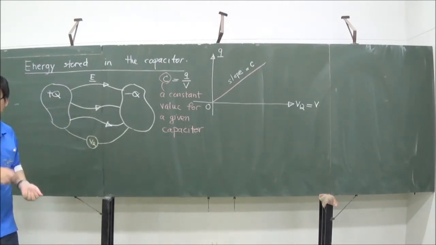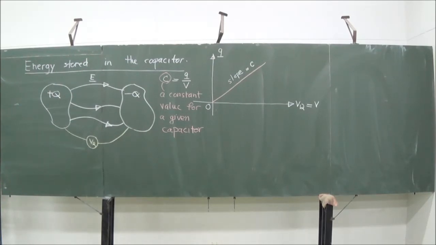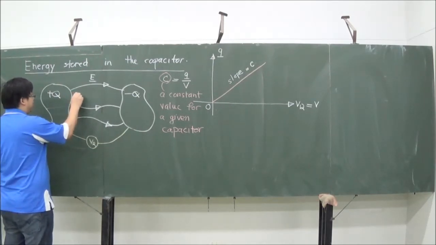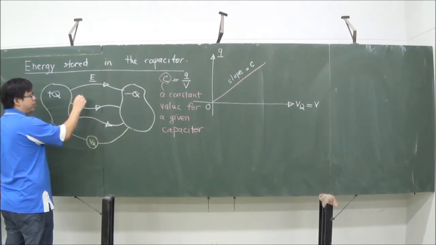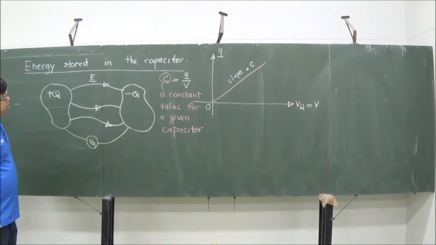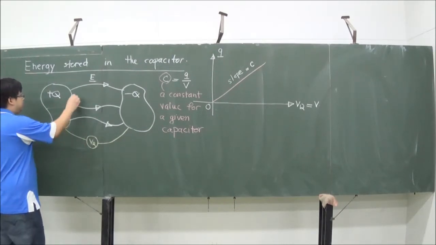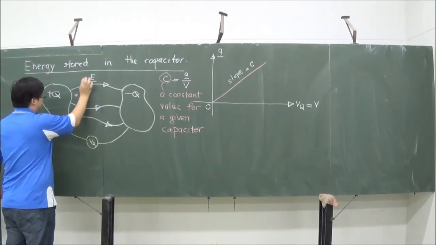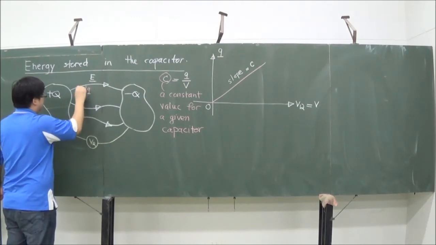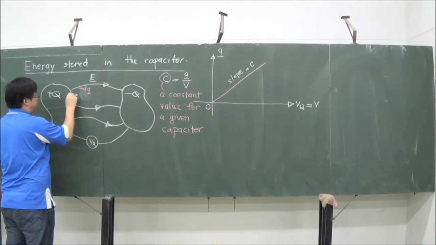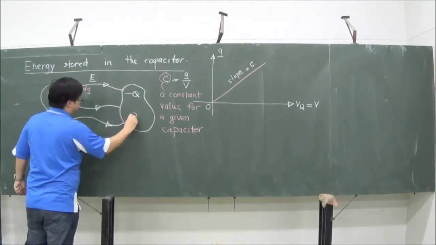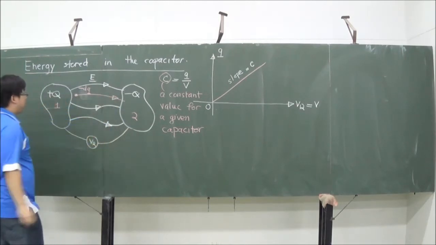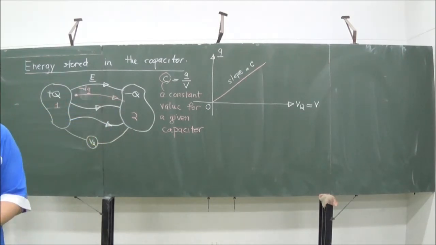So let's say that I'm going to remove a charge, actually a minus sign, so it is minus dq, from conductor number 1 to conductor number 2. So I'm going to do the work.